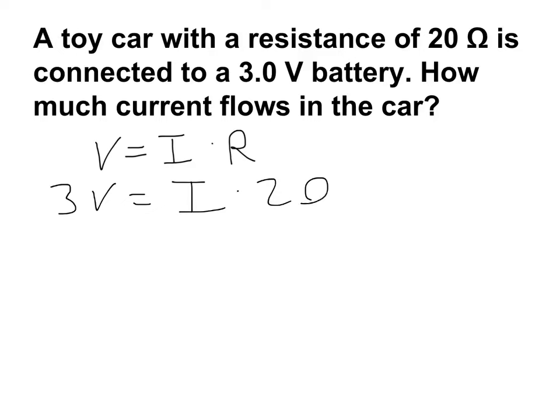So what we have is 3 volts is equal to current, which we don't know yet, times our resistance of 20 ohms. Now this symbol here is called an omega symbol, and it's a shorthand way for us to write ohms. Here's a little bit nicer drawing of the omega symbol. So now all we have to do is solve for current. To get our current by itself, we're going to divide each side by 20 ohms.